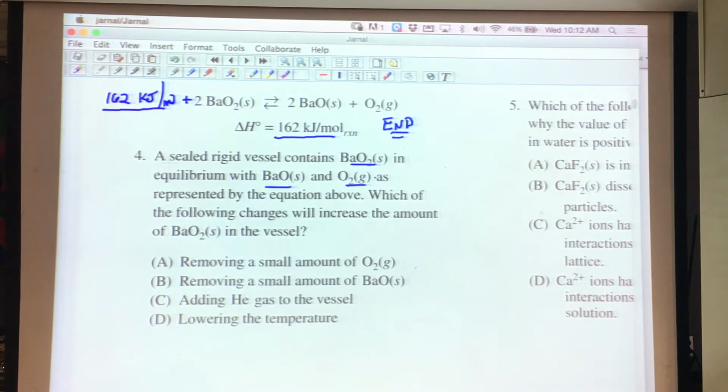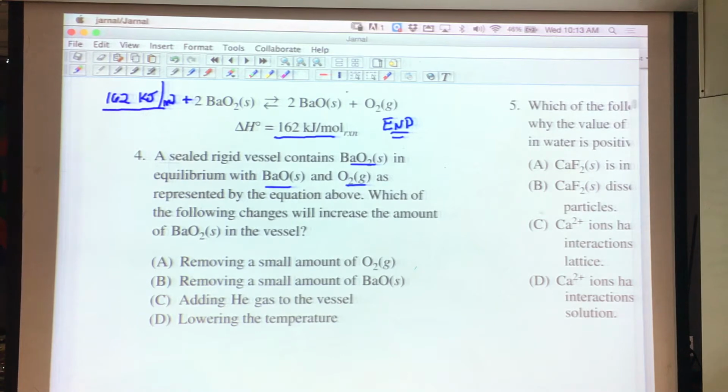Which of the following changes will increase the amount of barium solid in the vessel? So which of the following will increase the amount? What are they really saying? If I'm going to increase the amount of solid barium sulfate, which way is going to be more spontaneous?